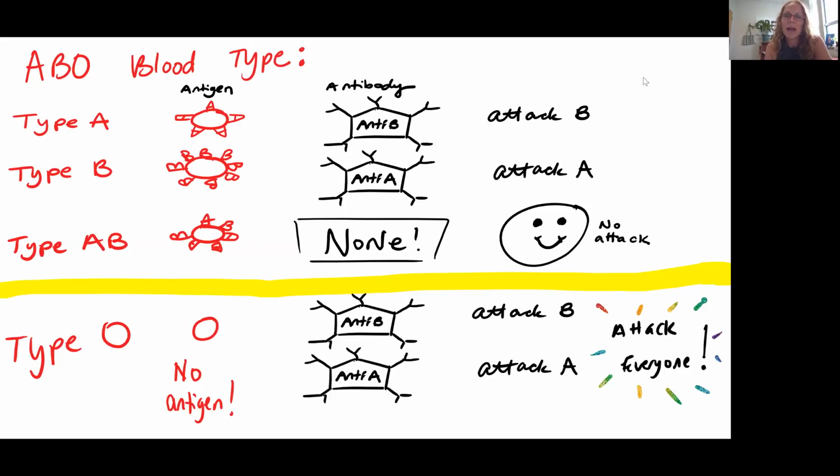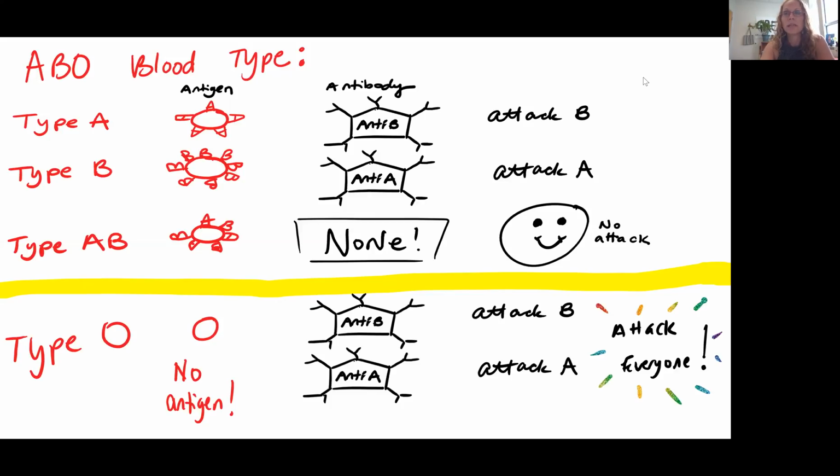So any A or B cells would be considered foreign. So as part of your genetic inheritance, you are inheriting and making these large anti-A and anti-B antibodies. So you're recognizing A and B both as foreign. You are ready to immediately do an immune response against either of these types of cells.